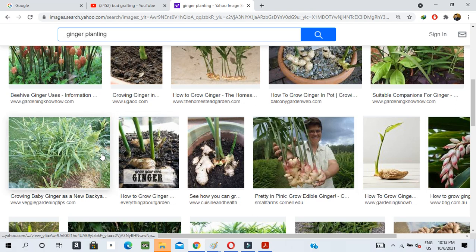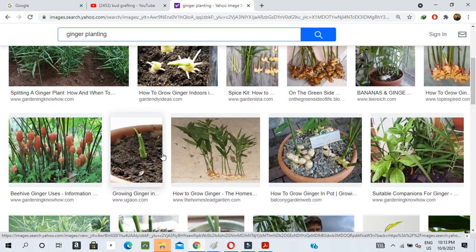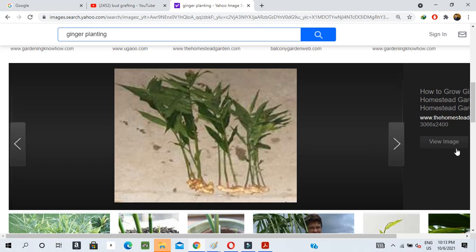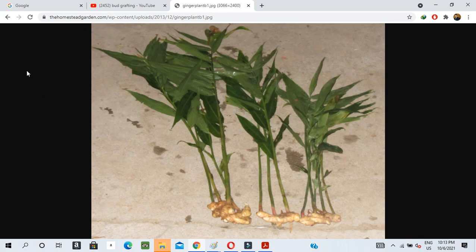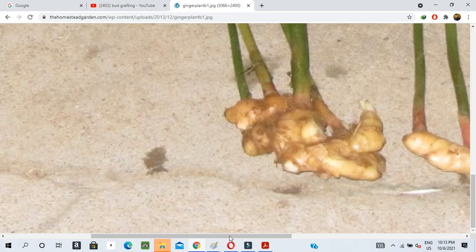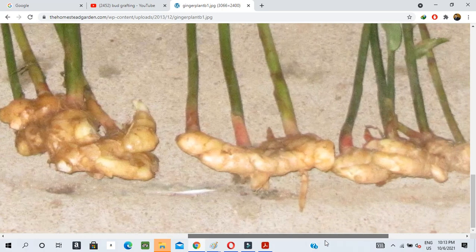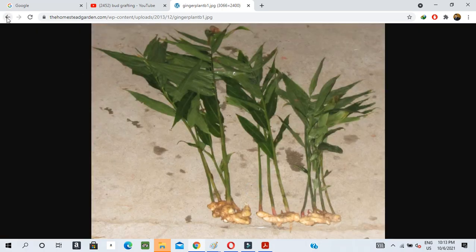From that piece of ginger, new plants grow up. Later, it will grow larger by storing food. So what the farmer cultivates is ginger pieces.